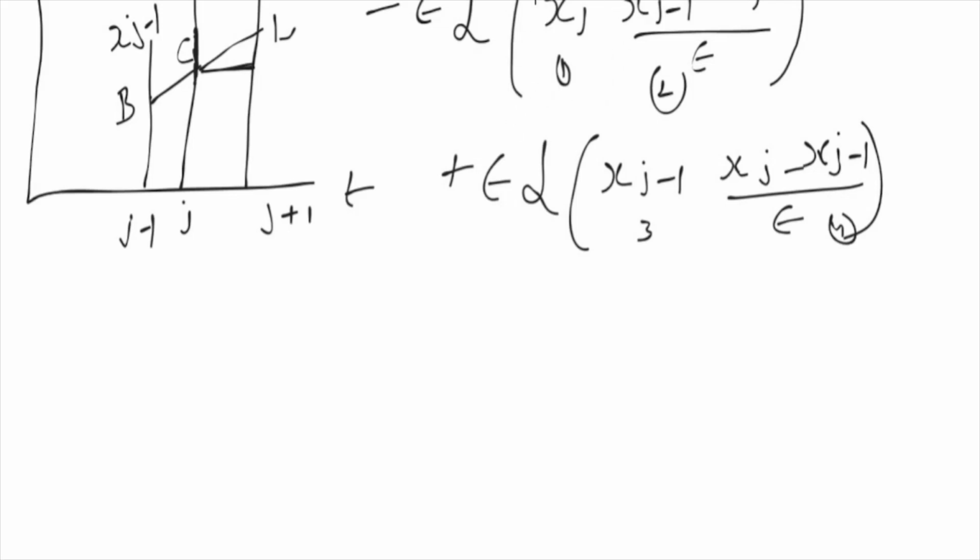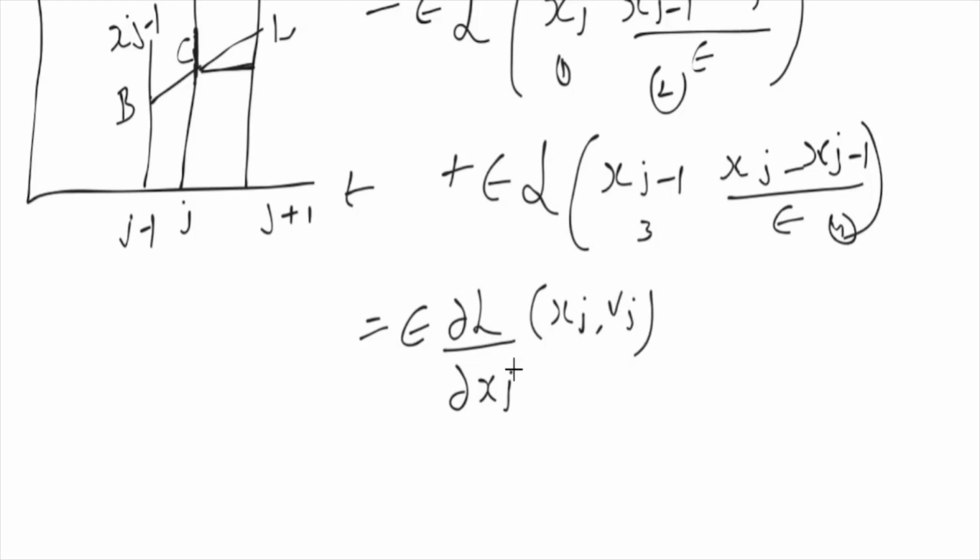If I consider this term first, then the differentiation of this will be just summation del L upon del xj, because I am differentiating this with respect to xj, and here it is a function of xj and this is Vj. So we can say this is del L upon del xj.